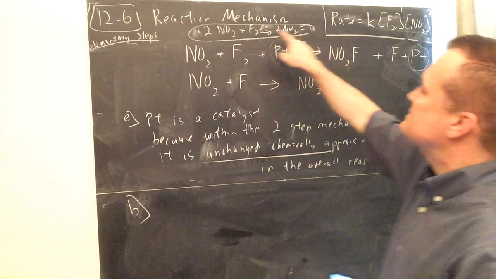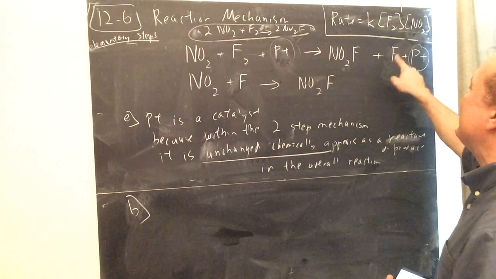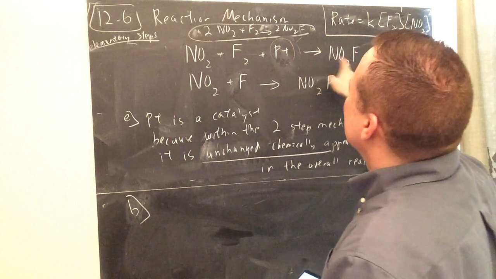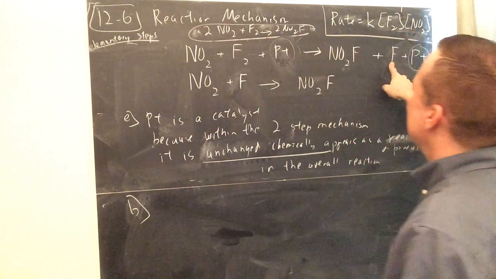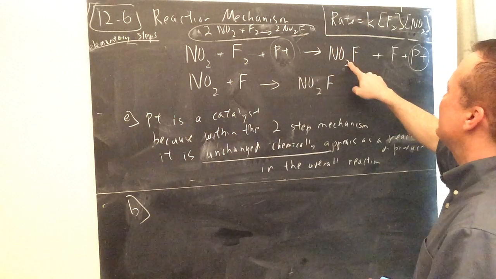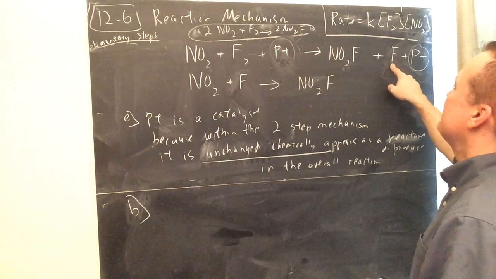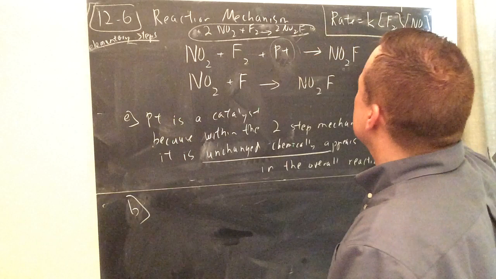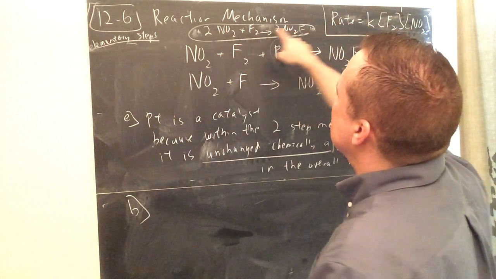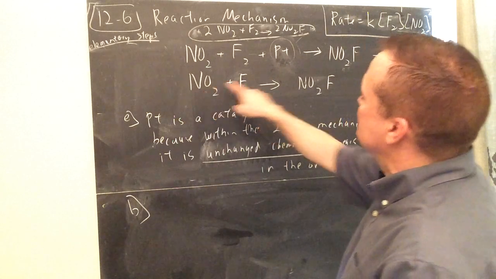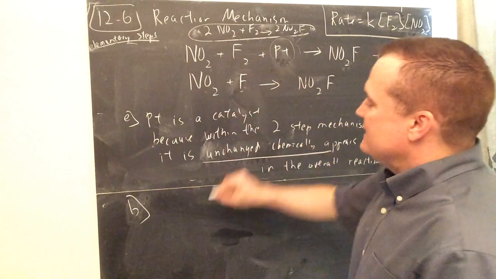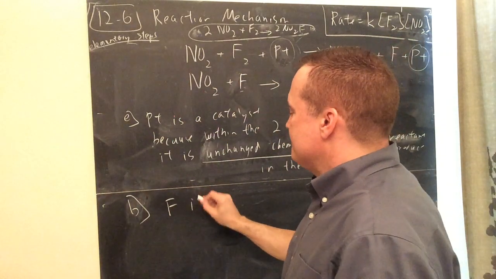Look at NO2F. Oh no, it is there. I'm sorry. I almost jumped at it. I wasn't looking at my paper. But NO2F is there, so it's not that. But F is produced, monatomic fluorine. We don't see it up here. Then on the next step, that monatomic fluorine joins with the NO2 to make NO2F. So this is it. F is an intermediate.